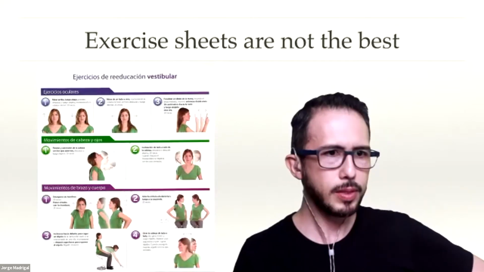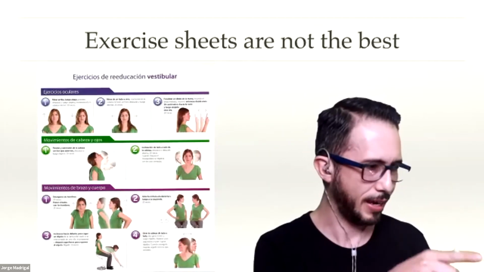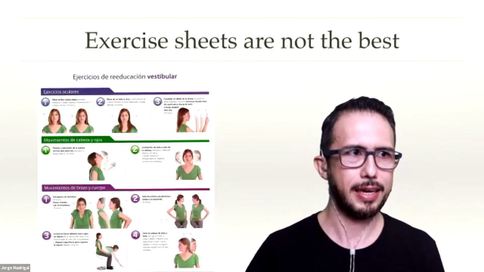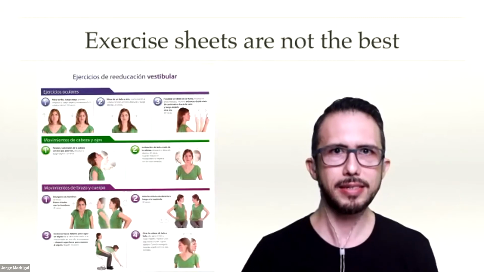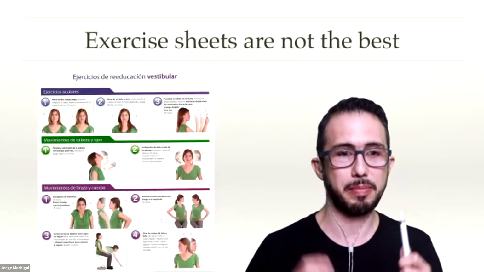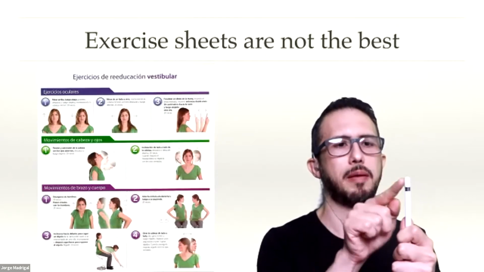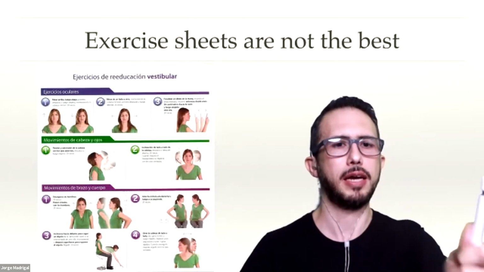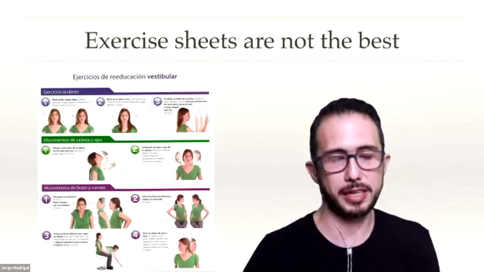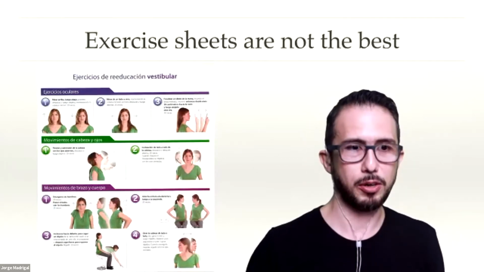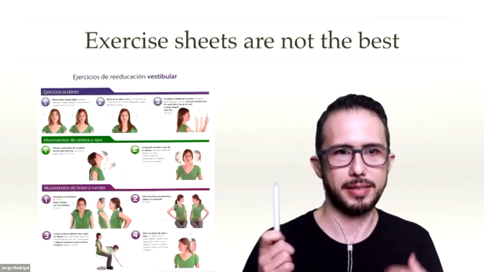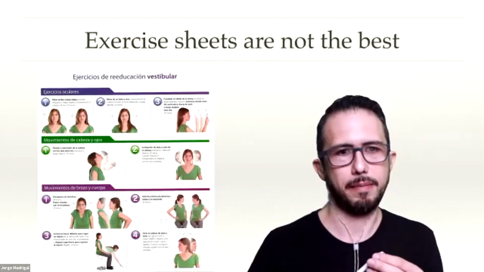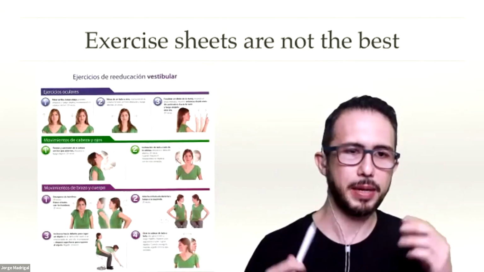For example, a very common exercise in this kind of list, if you have a VOR problem, if you have problems with your vestibulo-ocular reflex, there is no point in making an exercise to focus on a pen and put the pen away and near. You are not really working the vestibulo-ocular reflex. It is better than nothing, but by today's standards, we have better ways to address this.